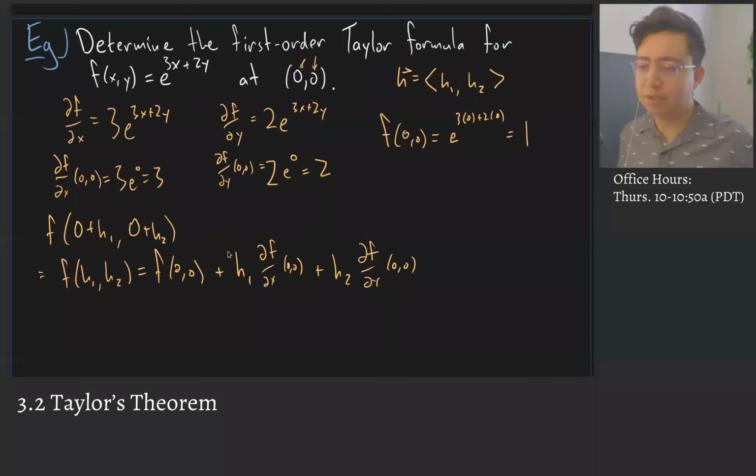So this is our fixed term, the basic term. We're saying, well, we're near 0, 0, so f of something near 0, 0 is going to be roughly f of 0, 0.